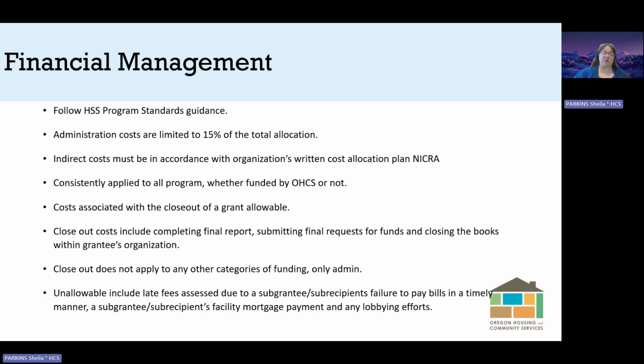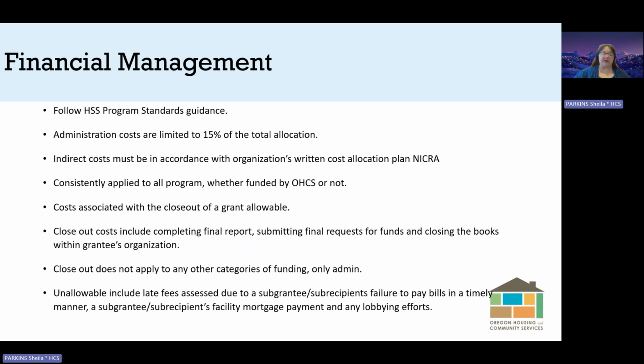Indirect costs must be in accordance with the organization's written cost allocation plan or the negotiated indirect cost rate agreement, the NICRA, and must consistently be applied to all programs in the same manner, whether funded by OHCS or not. While we don't provide specific details for what is or is not a direct or indirect cost, we do provide some general guidance in the manual.